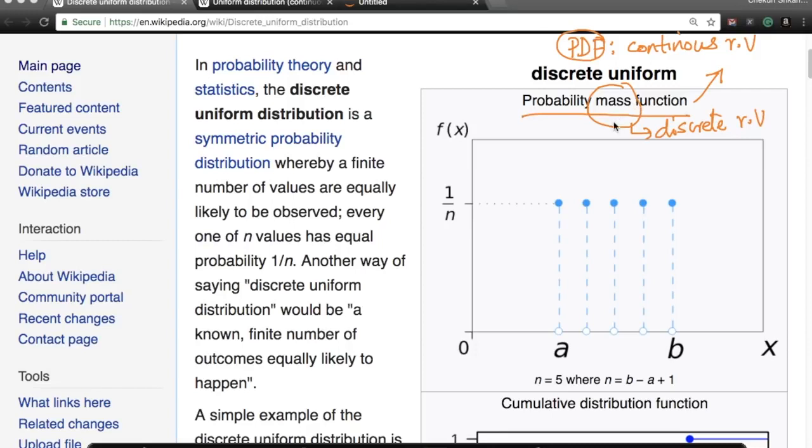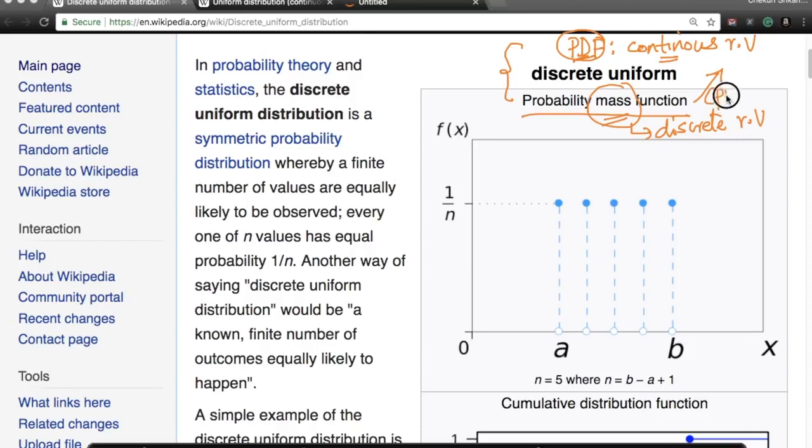The height in the probability mass function or probability density function tells us the probability of finding that value. It's called a probability density function for continuous random variables and a mass function for discrete random variables. Otherwise, there is no intuitive difference between a PDF and a PMF.